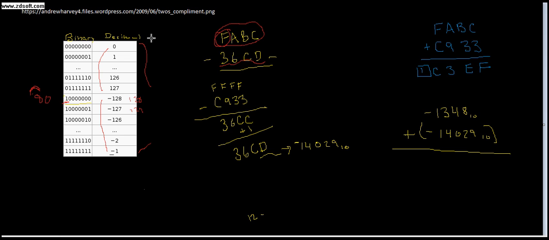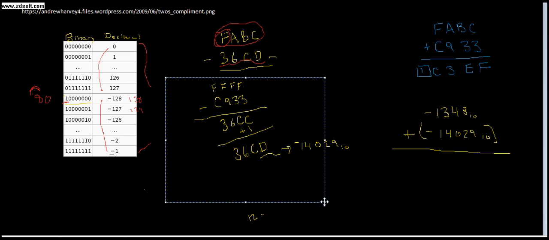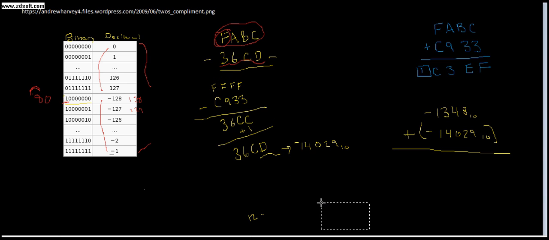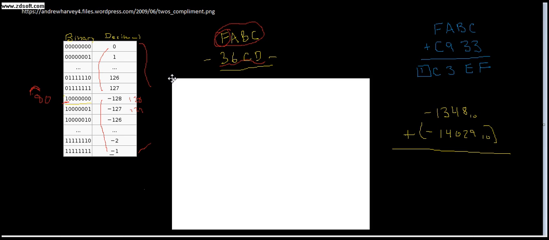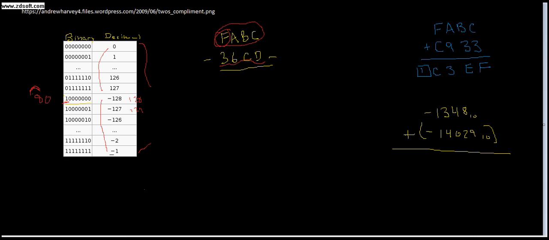Alright, so let me clear this out, and I'll use the calculator once more just to speed things up. Delete, because I know I'm running out of time for this video. None of my videos should be longer than 10 minutes, although this one seemingly will be. Alright, so we're going to subtract our number from FFFF.